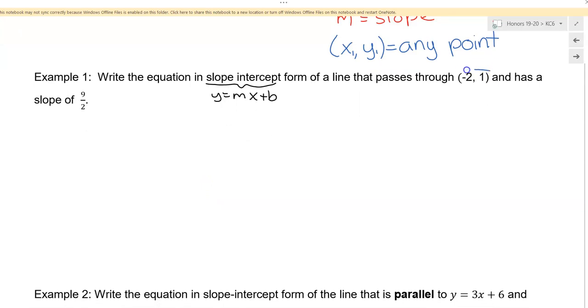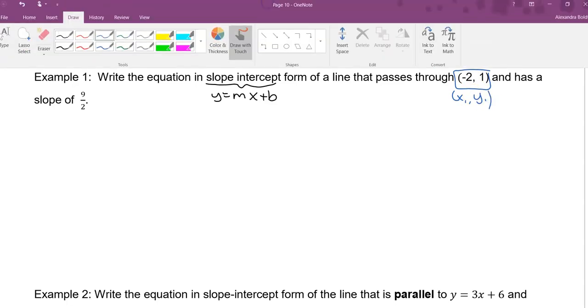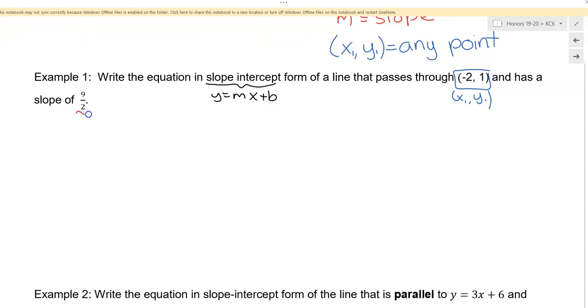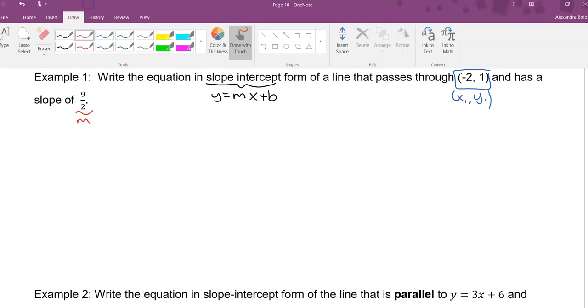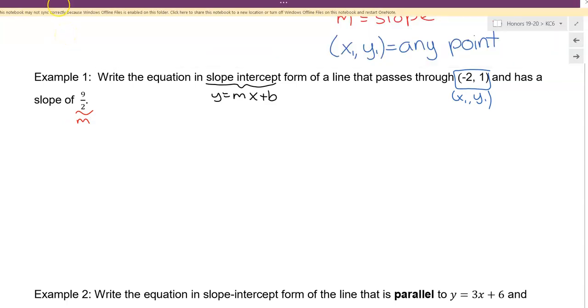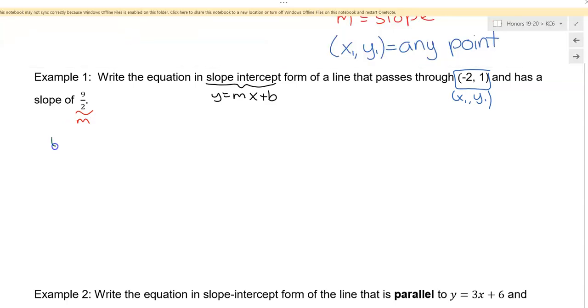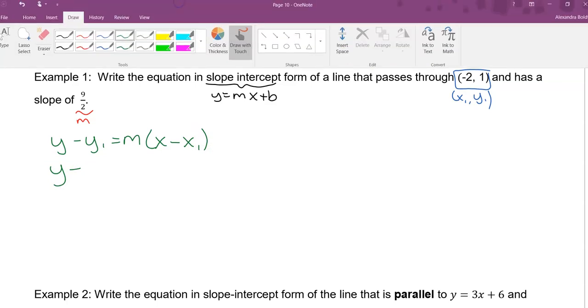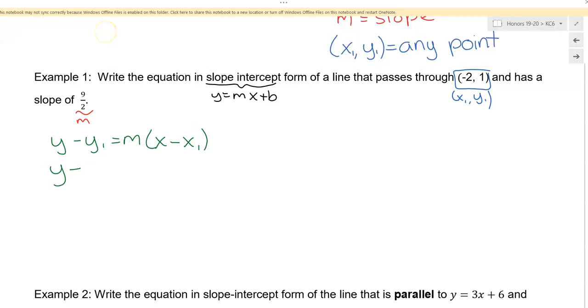So this is my x1, y1, that's my point on the line. And this is my slope, right? So then when I have my point slope form, y minus y1 equals m times x minus x1, I get y minus, well, my y1 is 1, right?